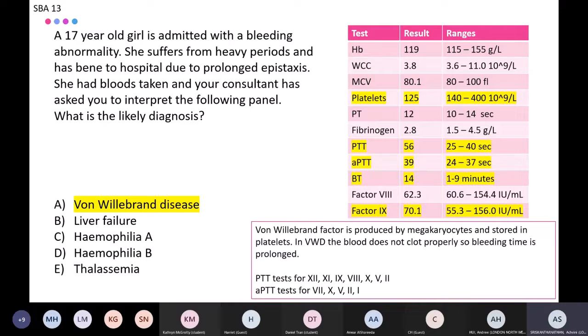With Hemophilia A, you'll have low factor 8, and Hemophilia B, you'd have low factor 9. Thalassemia, you'll have more of a microcytic anemia picture, and for that you'd look at the MCV and compare it with the HB. So HB is in the normal range here, and the MCV is just about within the normal range too.